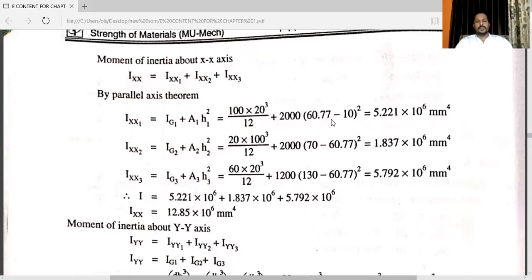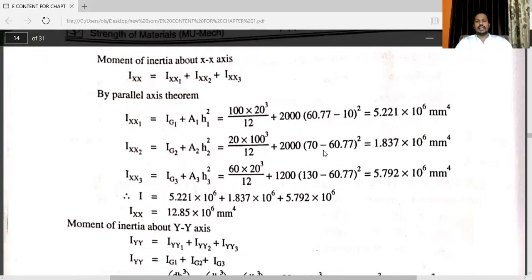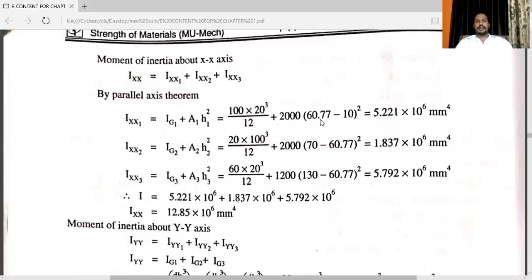But while putting the value of H1, here I am directly explaining to you. You have to take the difference between y bar and y distance.